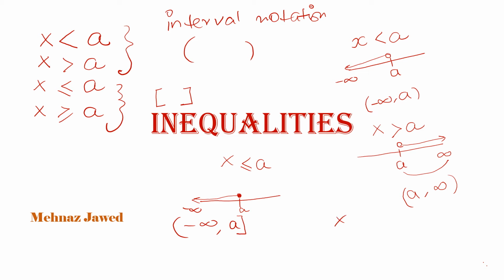Similarly, for x is greater than or equal to a, you will make a number line. Here it is a, greater than means right hand side, and since the equal sign is written, you will use the shaded point. Now you will write a comma infinity, because on this side there is infinity. A gets the big bracket because of the equal sign, and infinity always the small bracket.